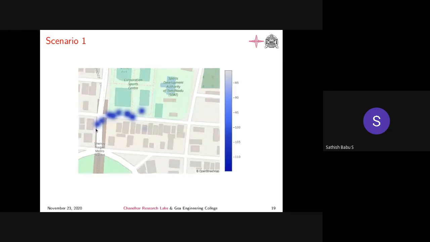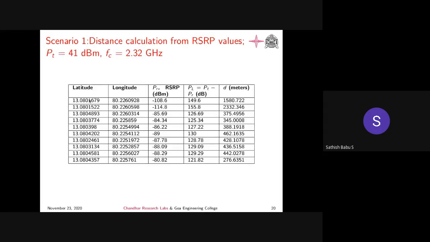This is my latitude value, longitude value, and my RSRP value, everything taken from my Troy MySpeed app. For the transmitter power, for the nearest base station, I have assumed 41 dBm, and for frequency I have taken 2.32 gigahertz.